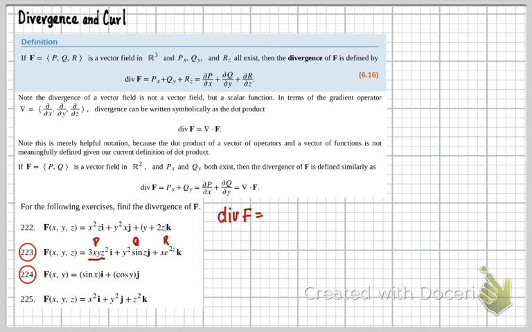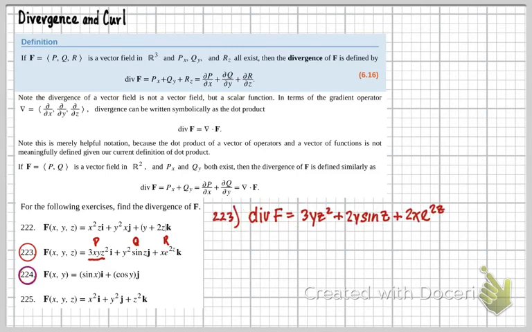That's going to be 3yz squared plus, with respect to y, 2y sine of z, plus, with respect to z, 2x e to the 2z. So this would be my div F for number 223.